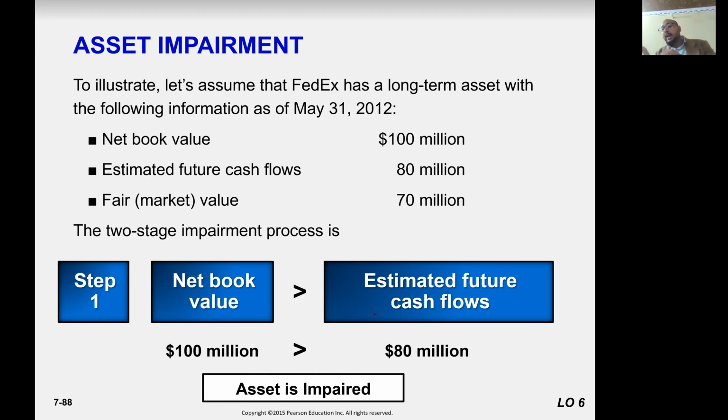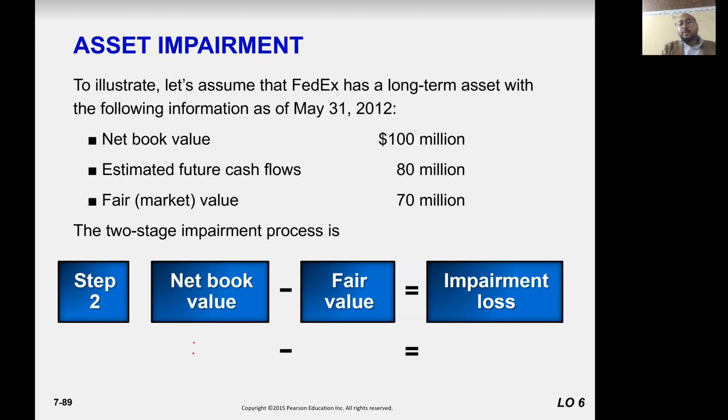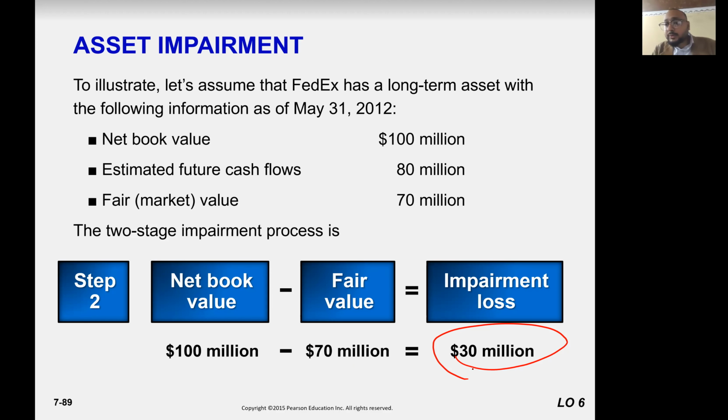Now the asset is impaired. How much is the value? Book value minus, if we sell this long-term asset in the market, it will be acquired at 70 million. So net book value 100 minus 70 is equal to 30 million. So 30 million is the impairment loss.